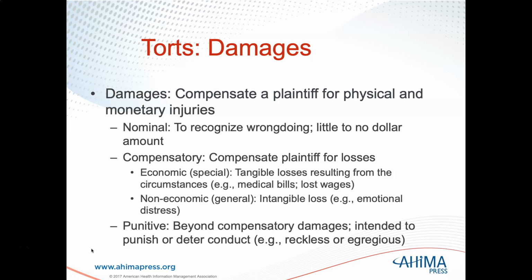Is that economic, non-economic, that type of thing, and they get compensated for that? Or is it punitive, that what the doctor did was so bad, or what the hospital did was so egregious, so awful, so reckless, that they add these punitive damages to punish them, and so in the hope that they never ever do this again to someone else.